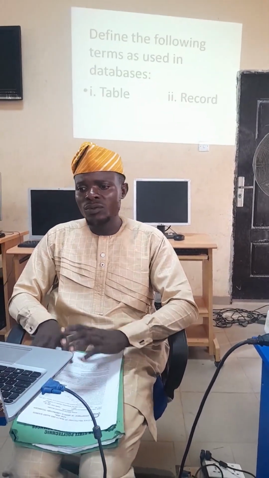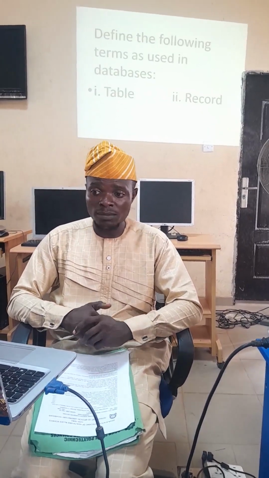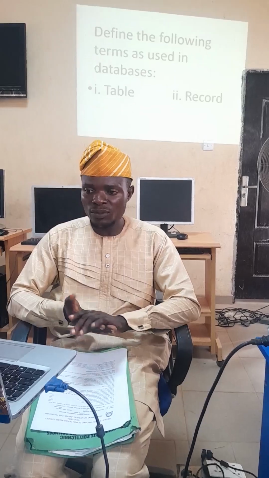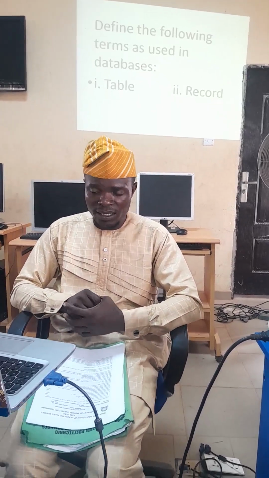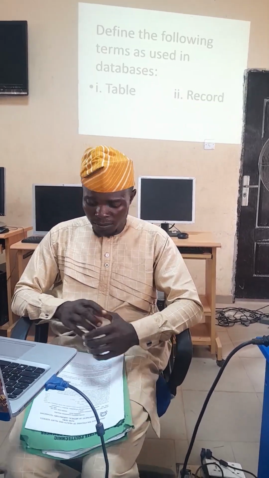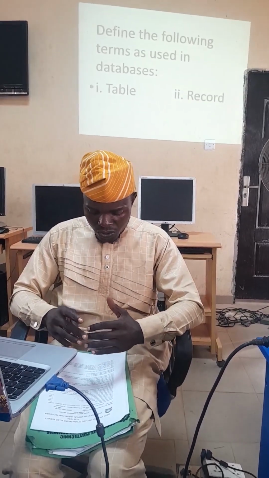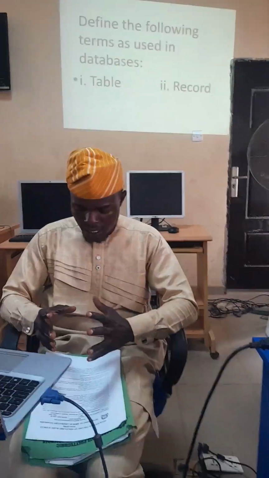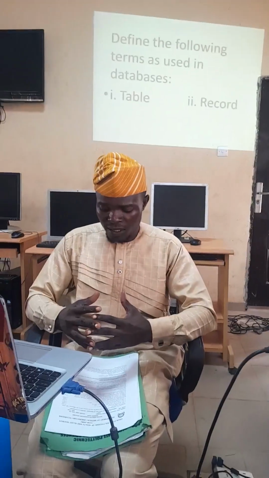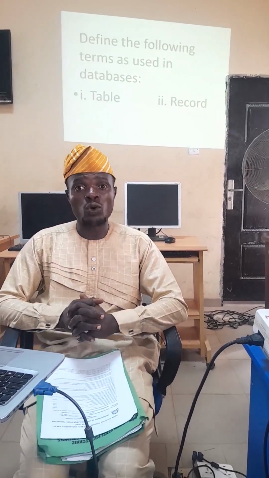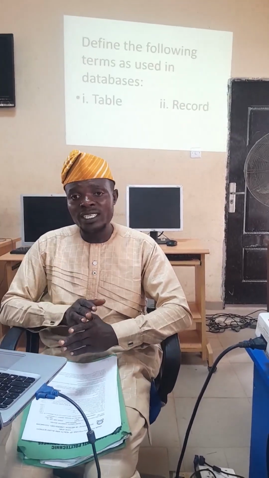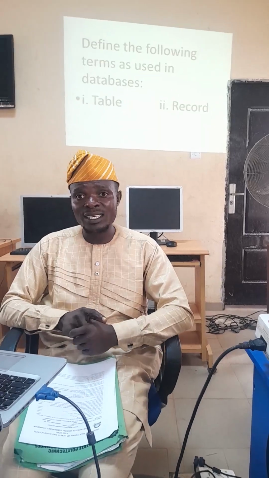A table consists of rows and columns, like a normal table. The rows are referred to as records. Each row in a table is referred to as a record.